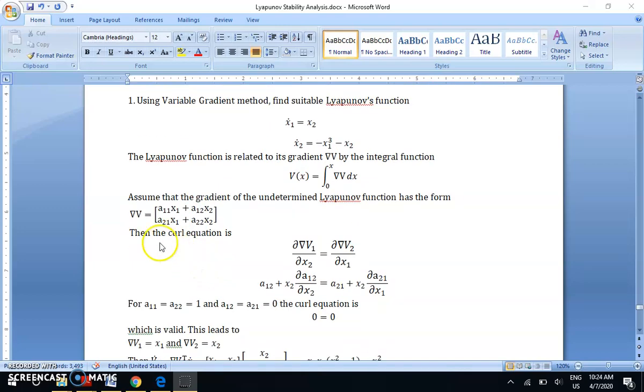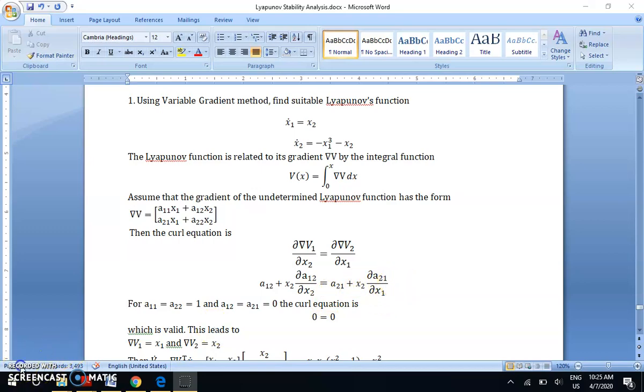Then let us see if the curl condition is satisfied. For a second order system, the curl condition would be ∂/∂x2 of ∇v1 should be equal to ∂/∂x1 of ∇v2. When we differentiate this, we have a12 is equal to a21.